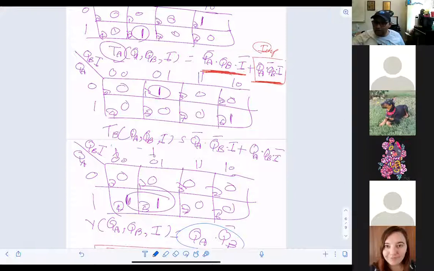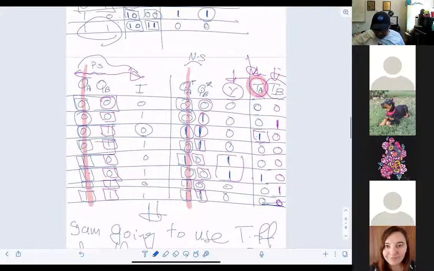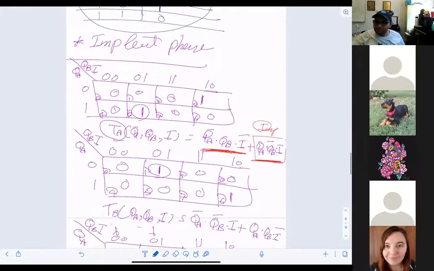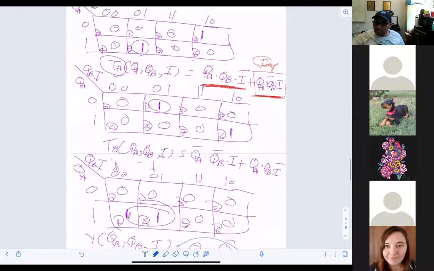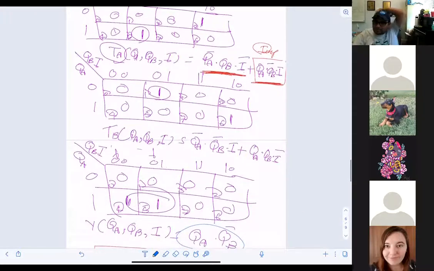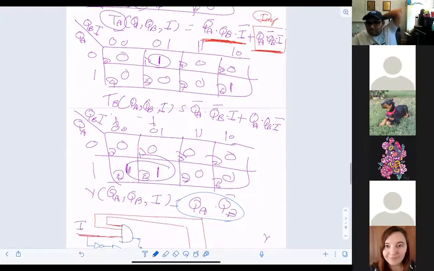How I filled the K-map? No, I mean the whole problem. No, it's fine. It's all good. I think you just wanted to look at the K-map. Yeah, I just want to look at it and then we're all good.